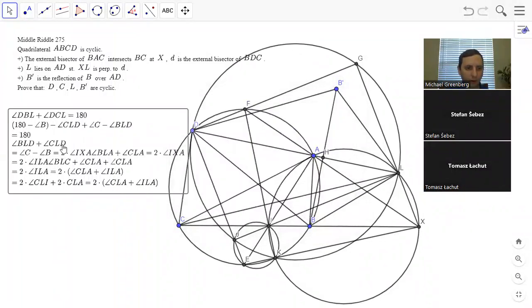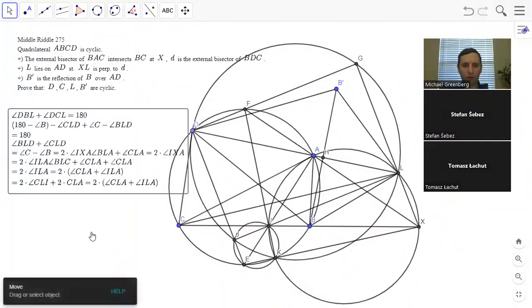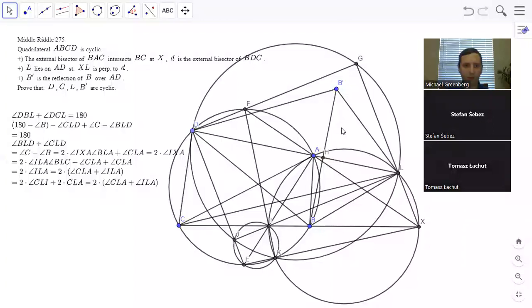So let's think about that. So angle B, so 180 minus angle B. So this is supposed to be obvious because BLD plus CLD is B plus C. Let me think about this.